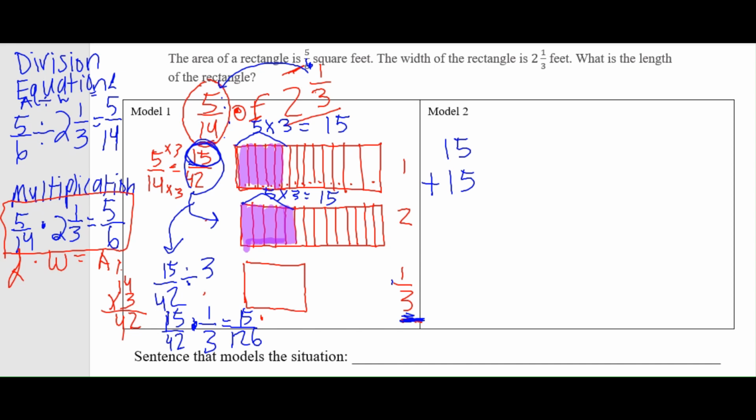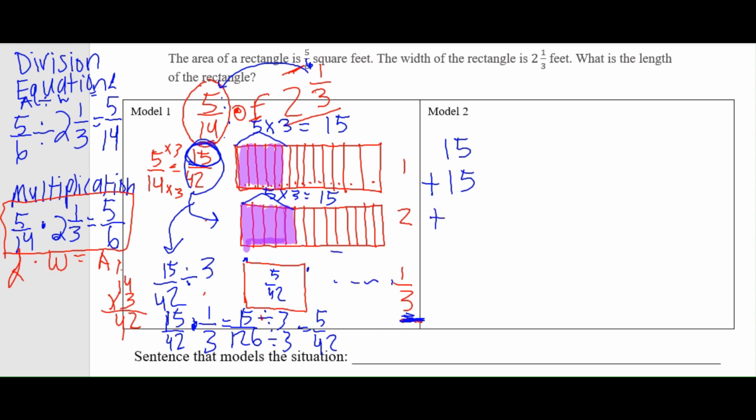But it's okay because once we simplify, we have to divide by 3, and that's going to give us 5/42. So if we want to show 1/3 of this last part, it's going to be equivalent to 5 out of the 42 boxes that we should have had if we would have made this out of 42.